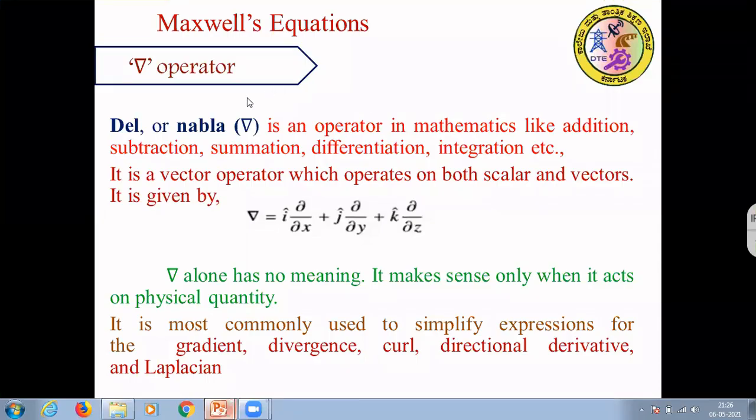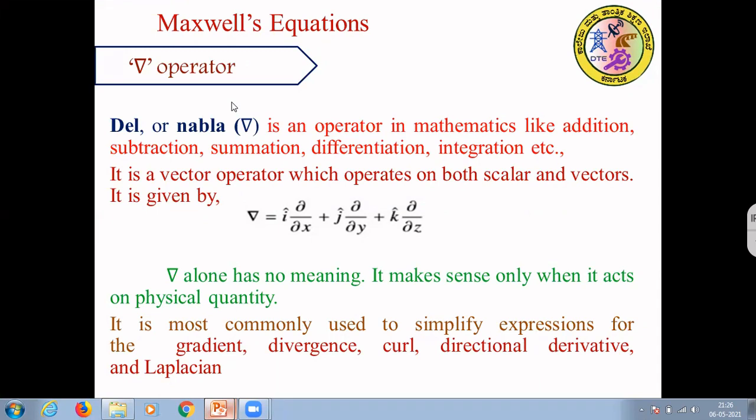Next, the del operator. What is a del operator? What is an operator basically? In mathematics, we come across operators like addition, subtraction, multiplication, integration, etc. These are called operators. We know that addition or subtraction by itself is meaningless unless we have numbers to be added or subtracted.